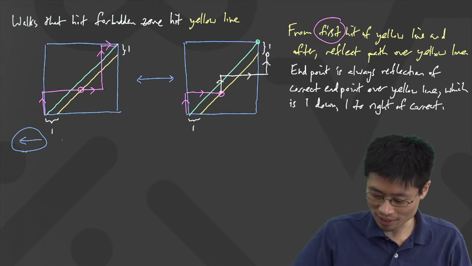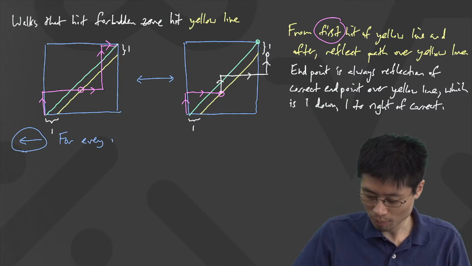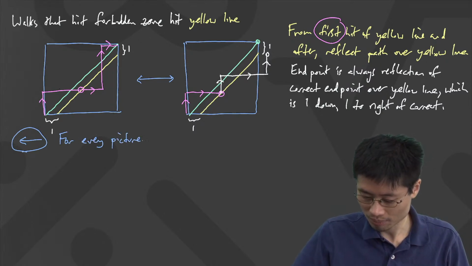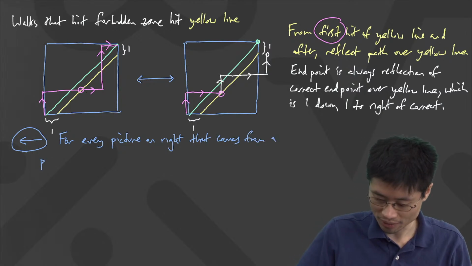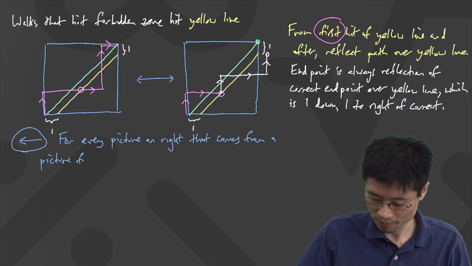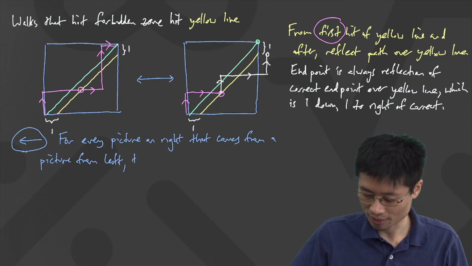So what we just found out is for every picture on the right that comes from a picture from the left, there's a unique way to get back the picture on the left.